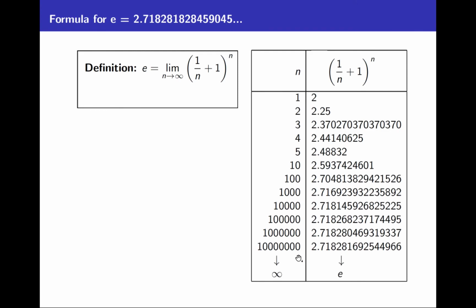And in fact, if you let n go to infinity, the expression (1/n + 1) to the power of n equals a number in the limit, and by definition, that number is what we call e. e equals the limit as n goes to infinity of (1/n + 1) to the power of n. It's approximately equal to 2.71828182845, as we can see here.